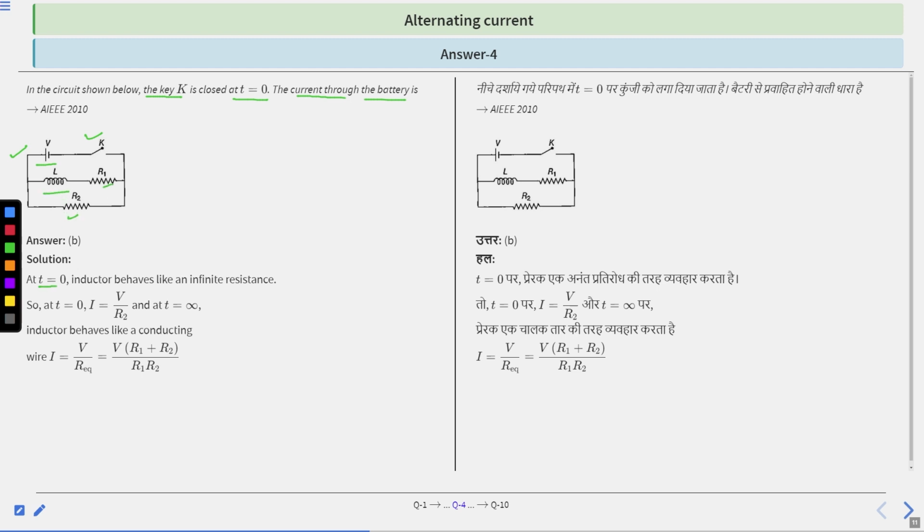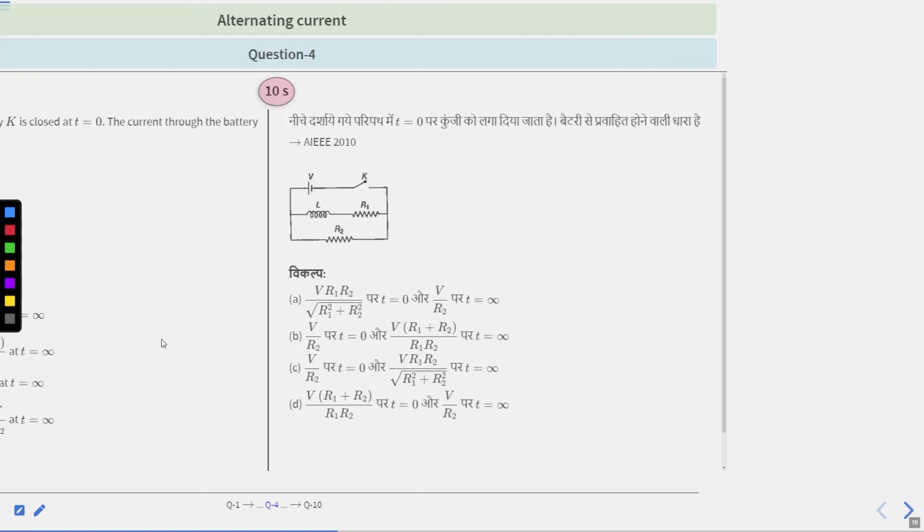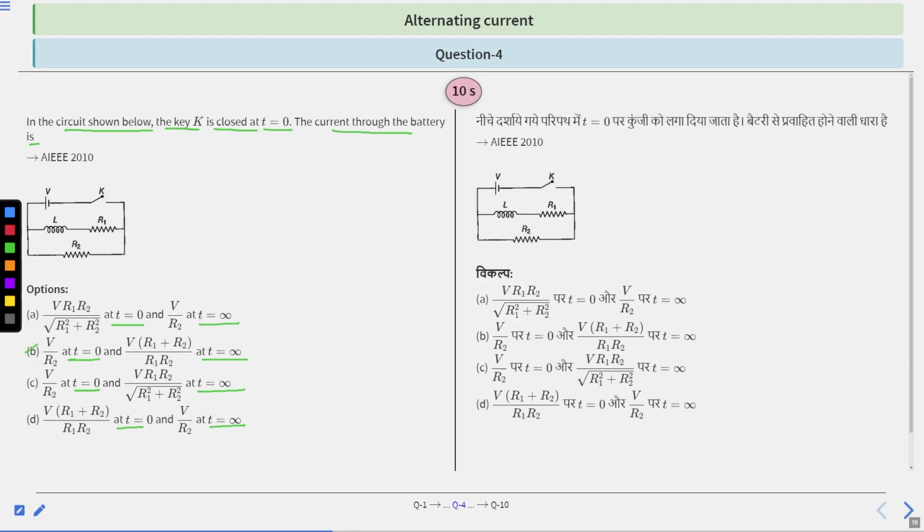At t equal to 0, the inductor behaves like an infinite resistance, so I equal to V divided by R2. At t equal to infinity, the inductor behaves like a conducting wire, so I equal to V divided by R equivalent, which is V into R1 plus R2 divided by R1 R2. This is the correct answer. Clear? So option B is correct.